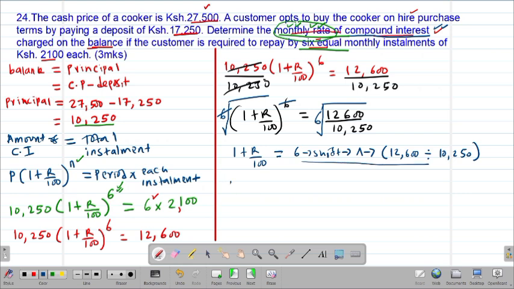Your calculator will give you 1 plus R over 100 being equal to 1.035. So that means R over 100 will be equal to 1.035 minus 1. This will give you 0.035.